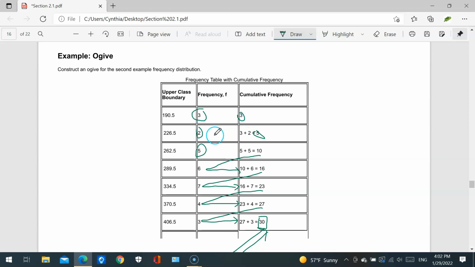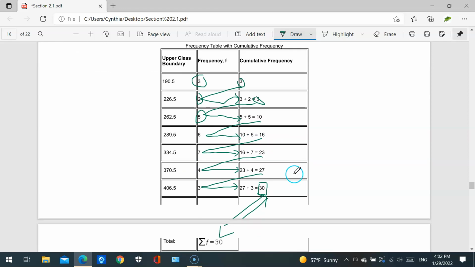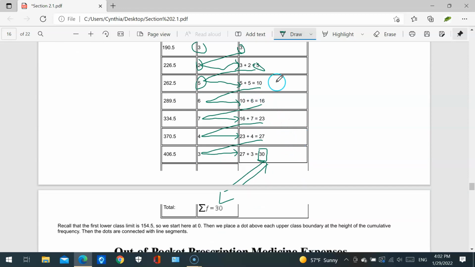Now, on the next class, to find the cumulative frequency, we simply add 3 with 2. So the cumulative frequency on the second class is 5. And then you continue to use the 5 to add with 5, you'll get a 10. And you just continue to do the same calculation. Now keep in mind, the last class cumulative frequency number must equal the total size of the frequency.